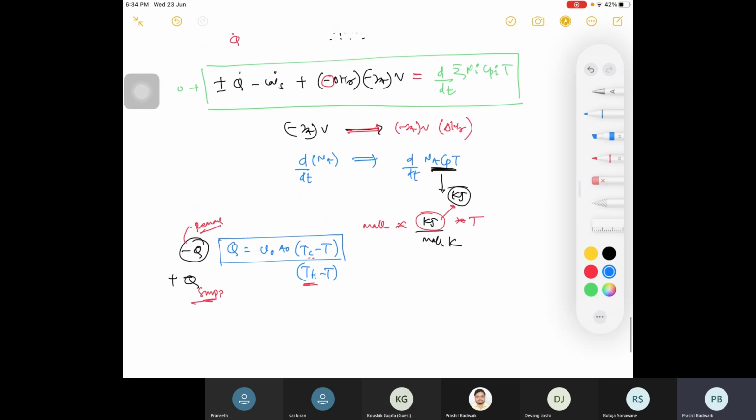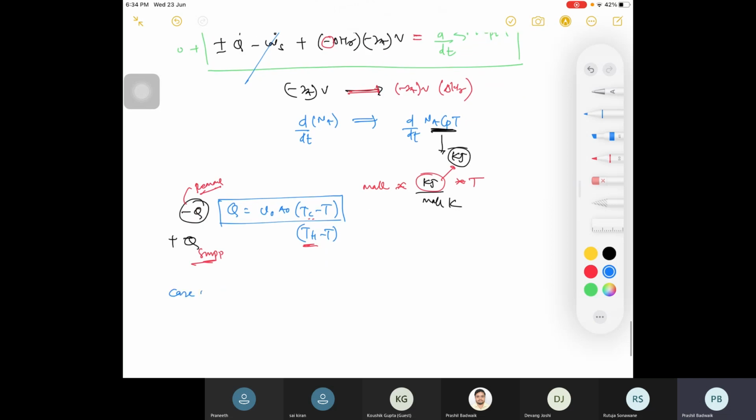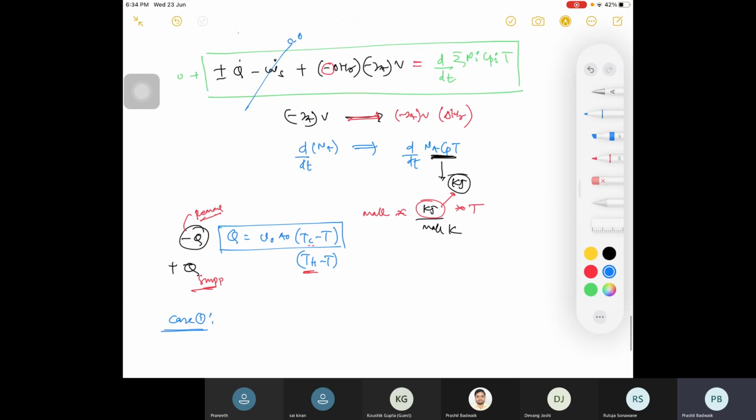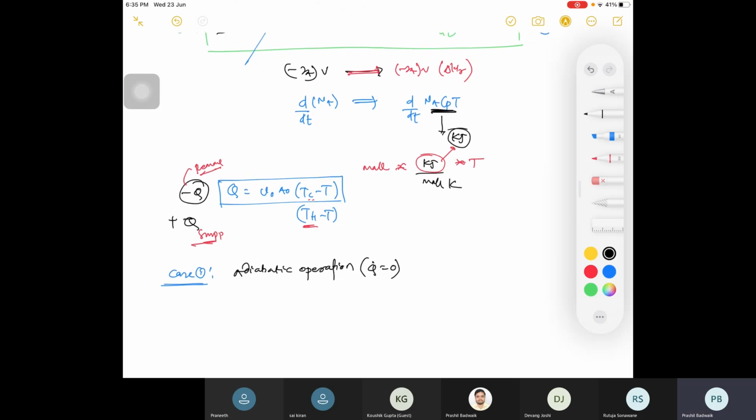Okay, so I told you I'm not considering shaft work here. Okay, and in case 1 what will we take, adiabatic. Case 1, else your equation is this, equation 1. So in case 1, adiabatic condition and adiabatic operation, Q is 0. The equation came easily. The derivation in the form was so big. Set Q to 0 quickly.